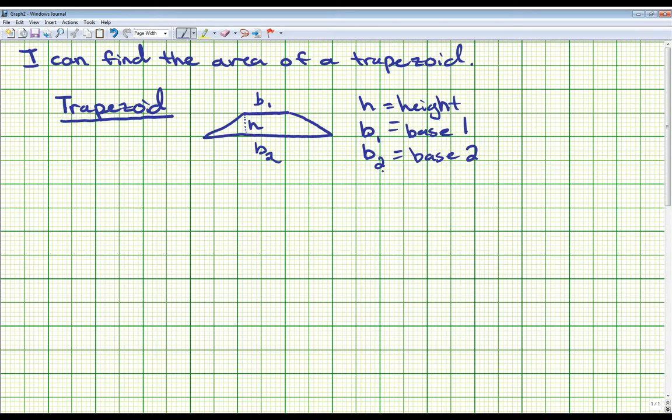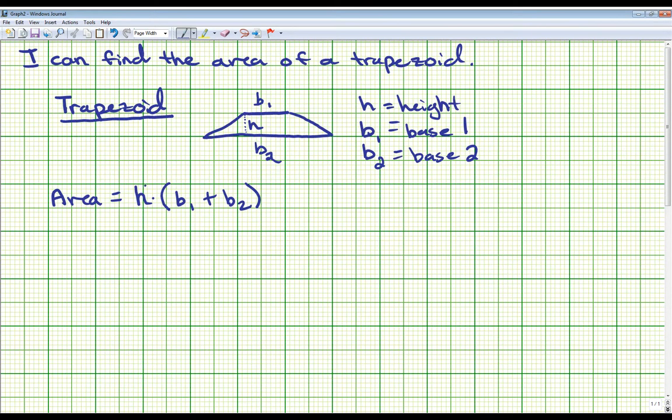So now let's talk about the actual formula. How are we going to do this? Here is the area formula of a trapezoid. We are going to take the height and multiply it by, and we're going to put parentheses around this, the sum of the two bases. So base 1 plus base 2. We're going to first start inside the parentheses and add up the bases.